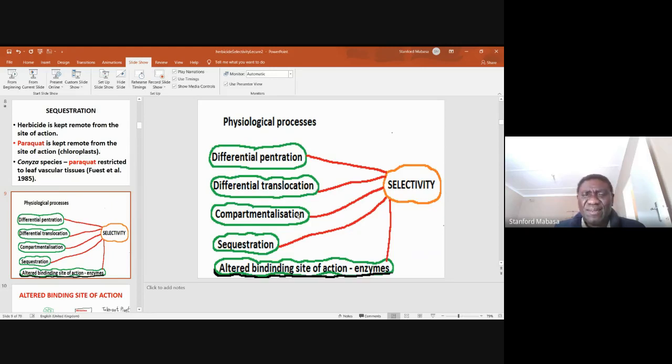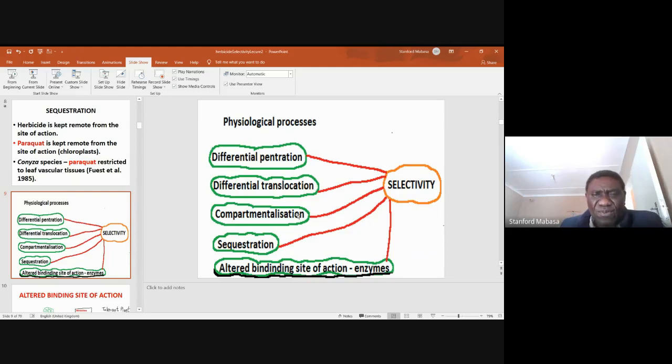Now, we want to talk about selectivity which is caused at the site of action. By the way, when we say the site of action, we mean the enzymes. So it's something which has to do with the enzymes. The enzymes themselves can determine selectivity.